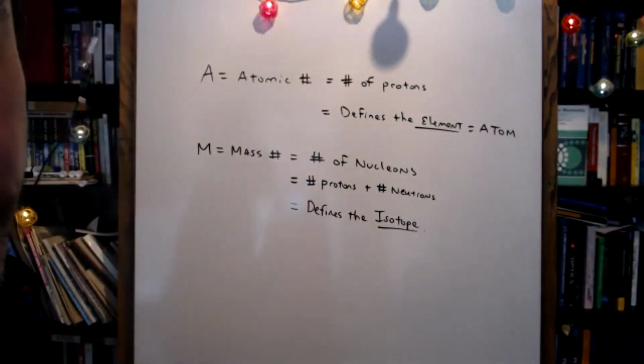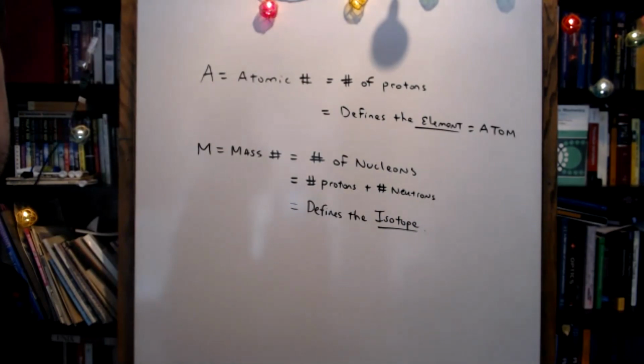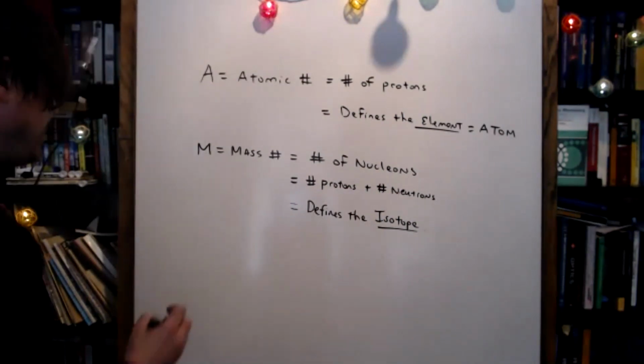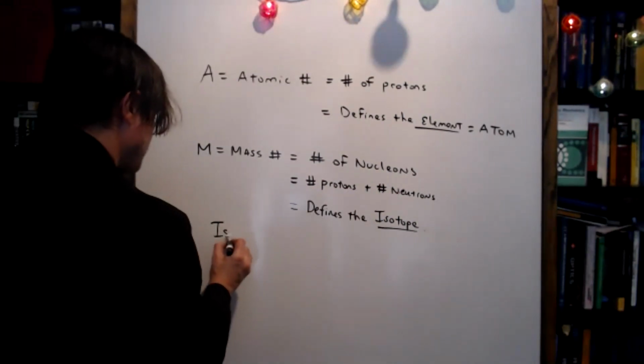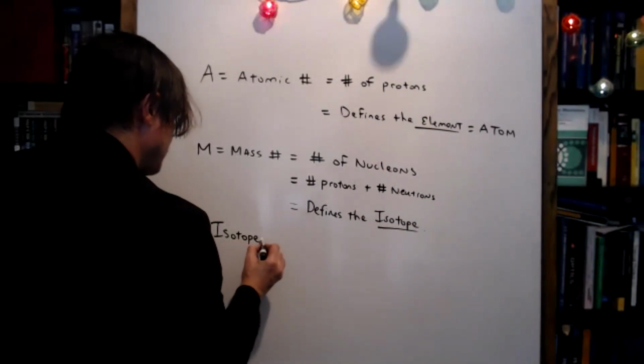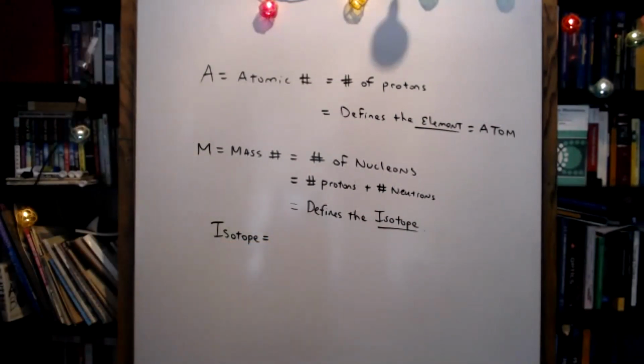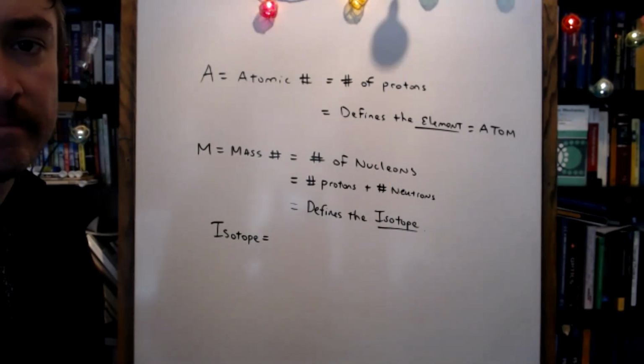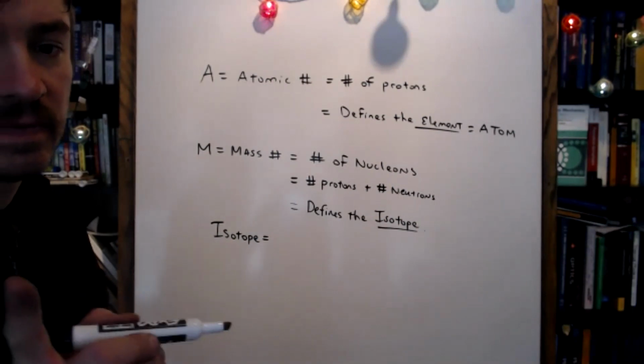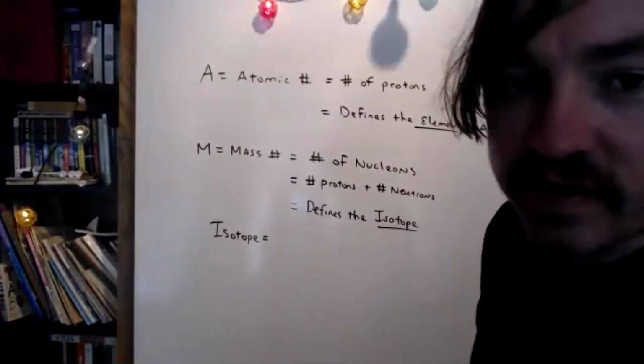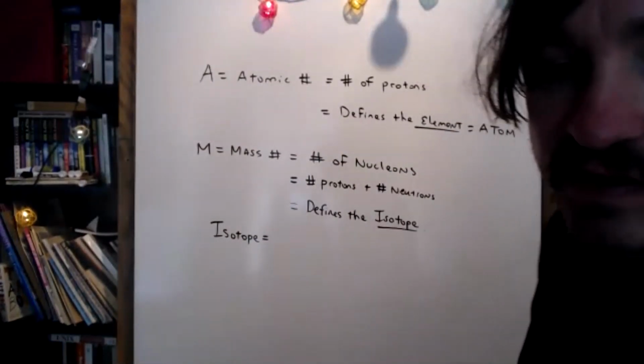Who knows what an isotope is? Wyatt, tell us. Lay it on us. It's a specific version of an atom with a specific amount of electrons that orbit. You were doing good until you said electrons. Once you said electrons, you were false.